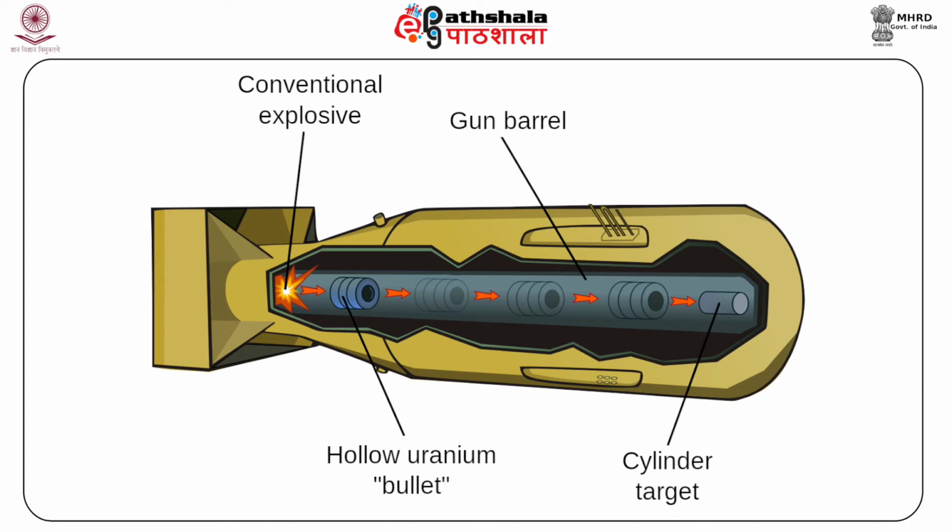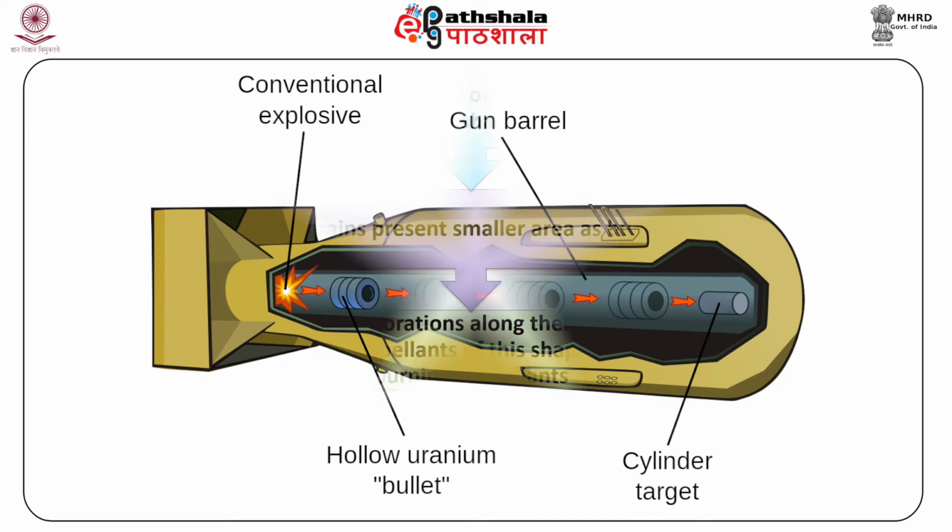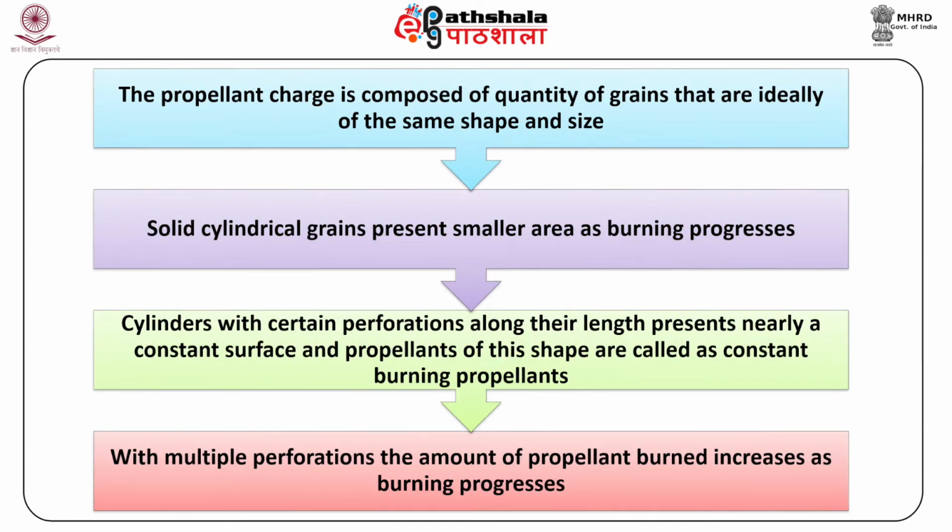Ballistic powders are capable of producing large volumes of high temperature gases in a very short time by means of deflagration. The propellant charge is composed of a quantity of grains that are ideally of the same shape and size.